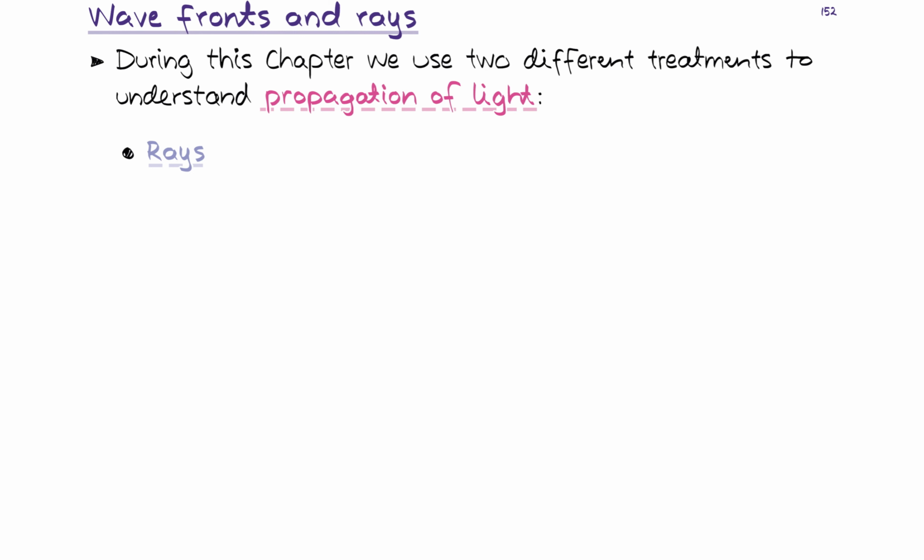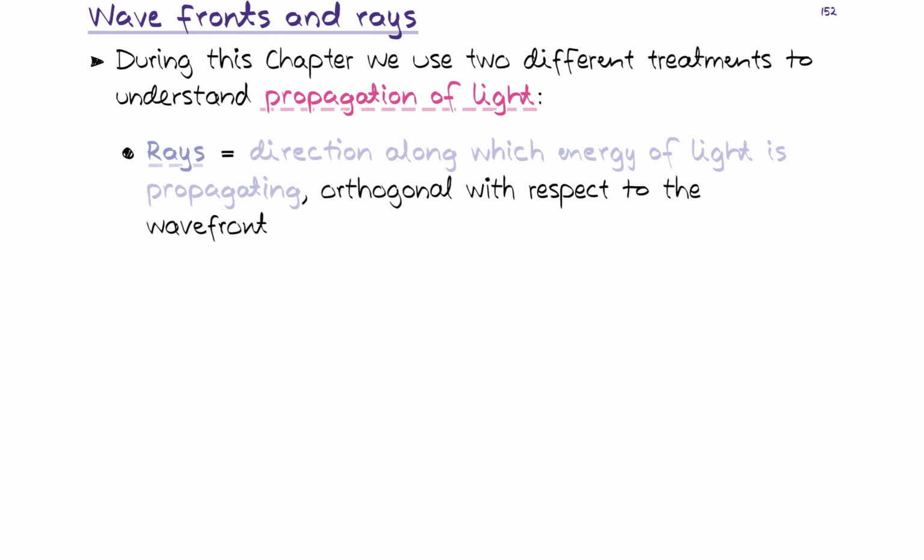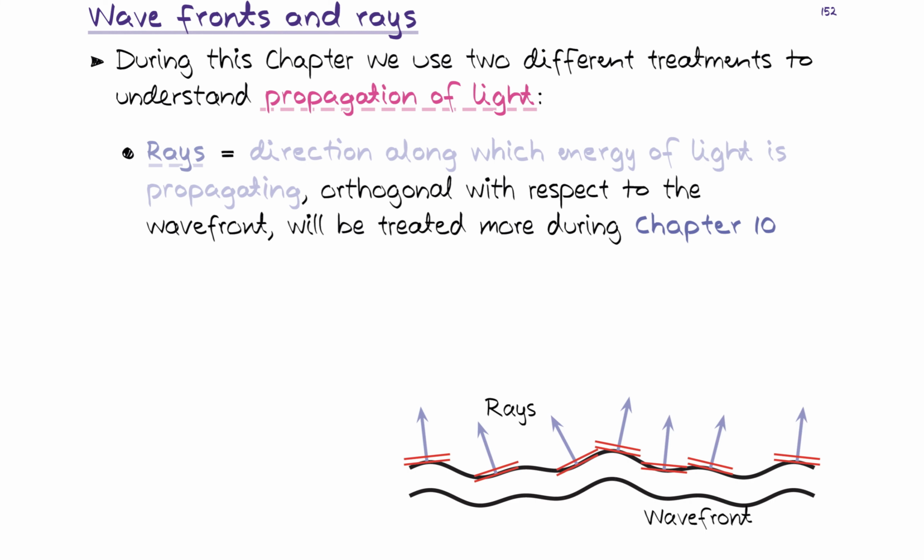In one description, we think of light as a bunch of rays, light rays, and it is these light rays that give us a direction along which the energy of light is propagating. And these essentially are orthogonal with respect to a specific local wavefront, and these will be treated more during chapter 10. So this is a picture trying to highlight what these rays of light are.